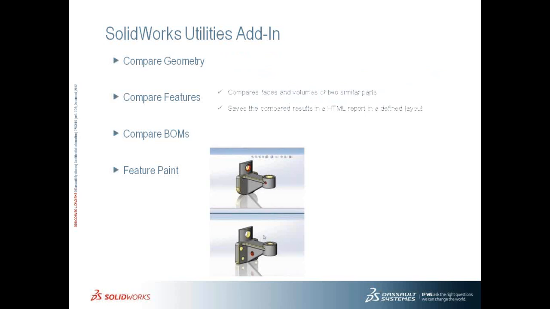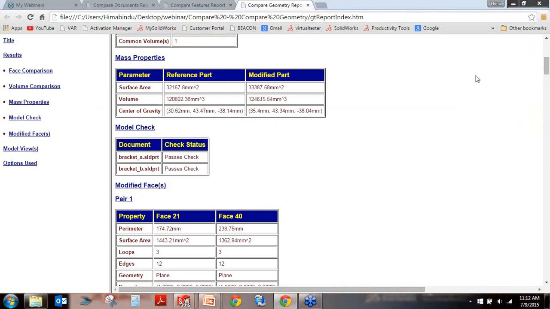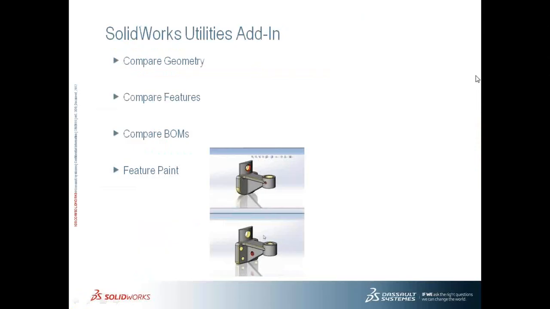Now, feature paint basically adds the features from the reference document to the modified document, or modifies the features. Compare bill of materials also lists the missing columns and rows, extra columns and rows, and the failed rows. So feature paint basically copies features from one part to another, which reduces the manual design time.